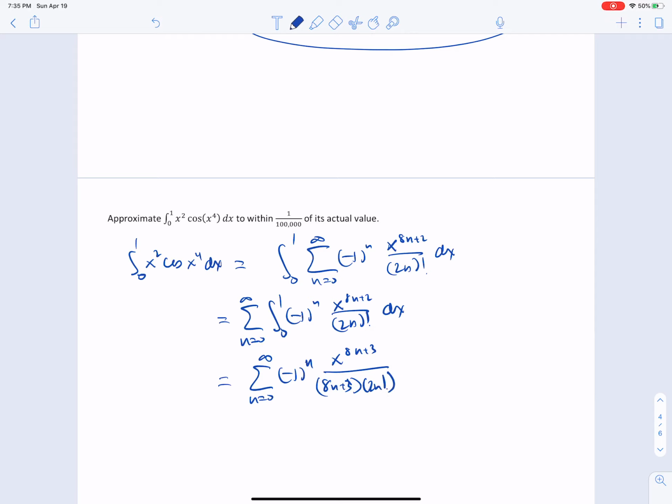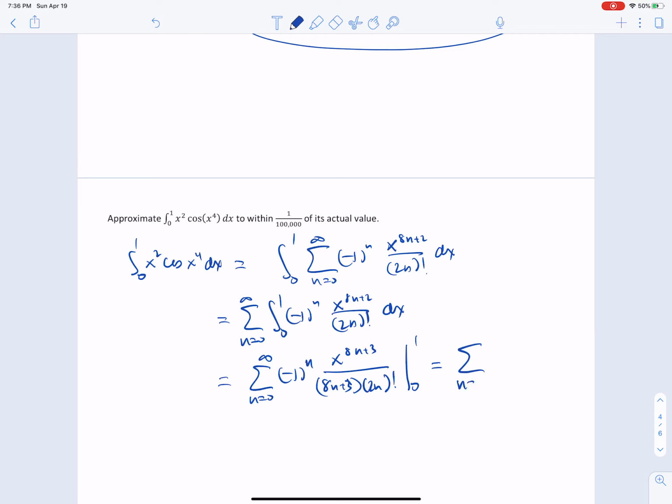Sorry, I've got that wrong. And I'm evaluating between 0 and 1. When I put 1 in for x, I just get 1 to the 8n plus 3. That's always 1, no matter what power I raise it to. When I put 0 in, 0 to the 8n plus 3, that's always equal to 0.